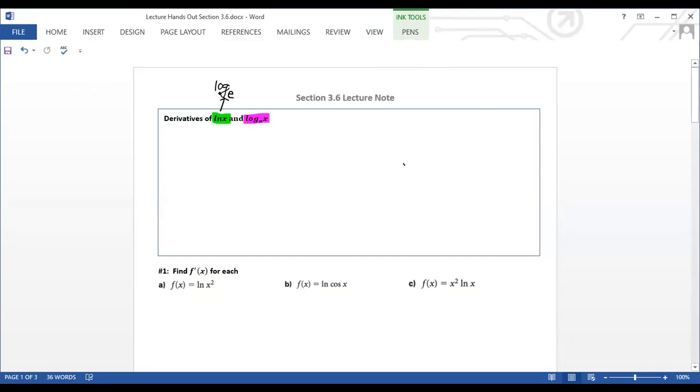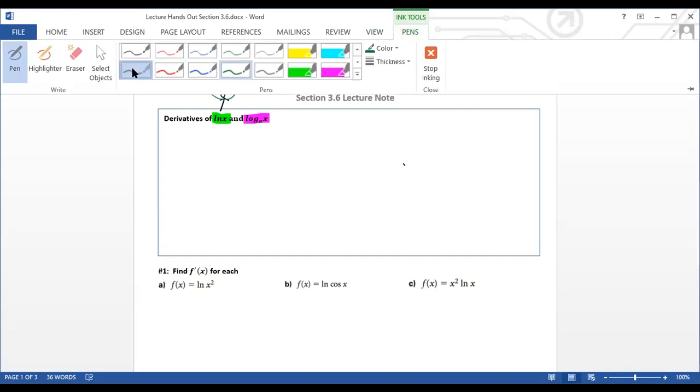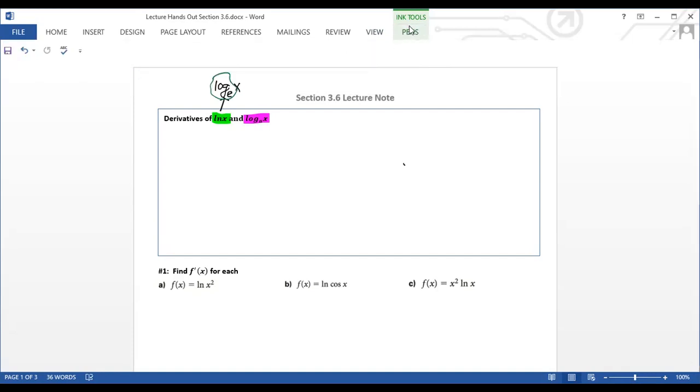Base e, right? So this is a base e. And this one here, we say this is a natural log, right?